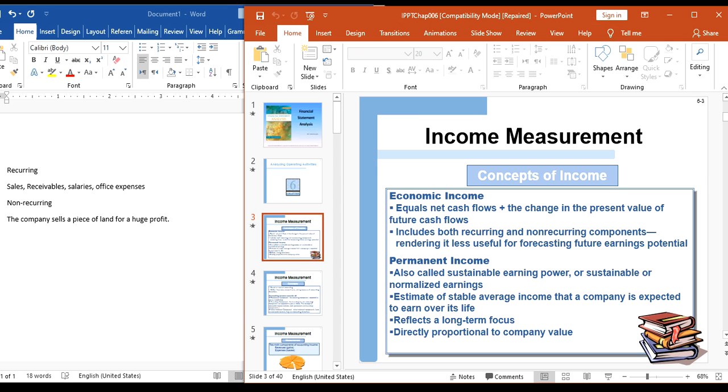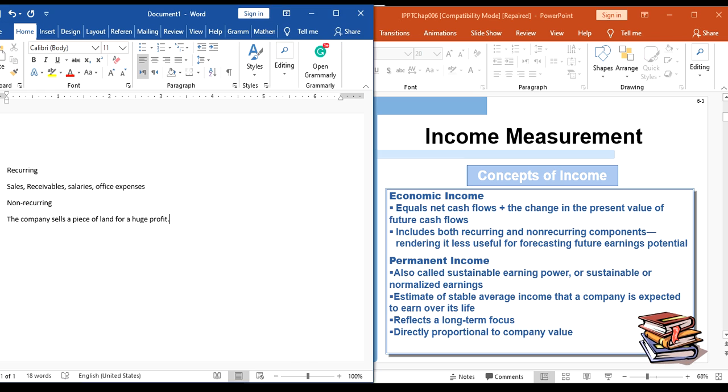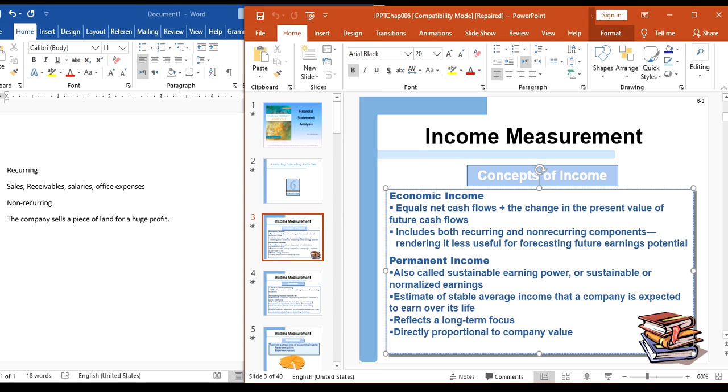So another type of income is permanent income. So this reflecting like how will be the income for the company forever. That's a kind of earning power of the company.